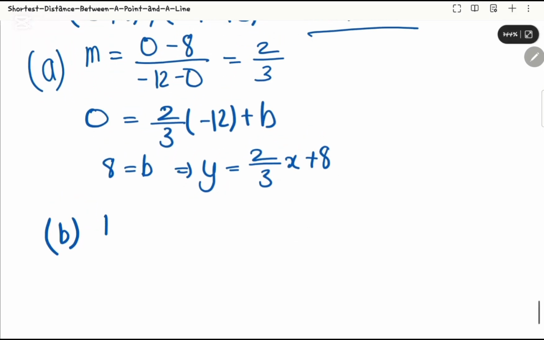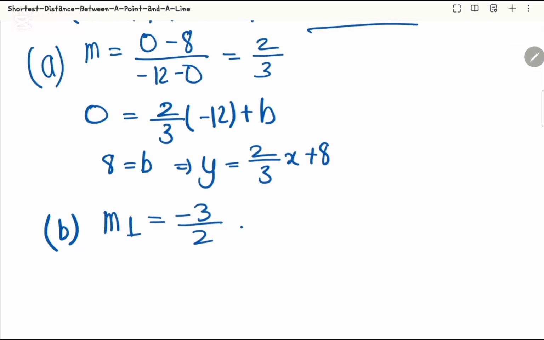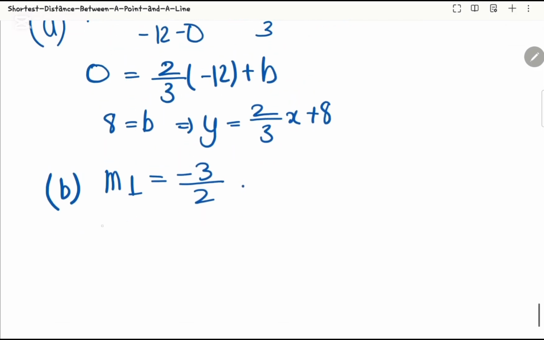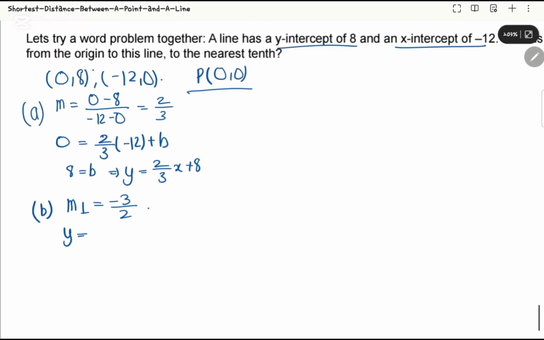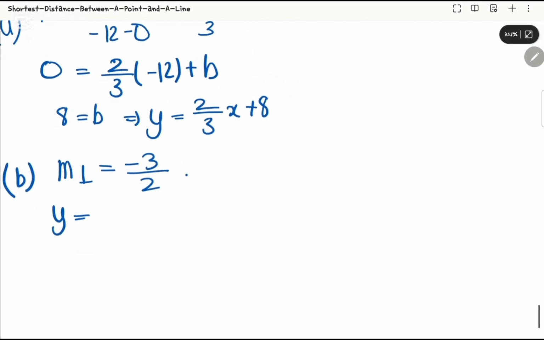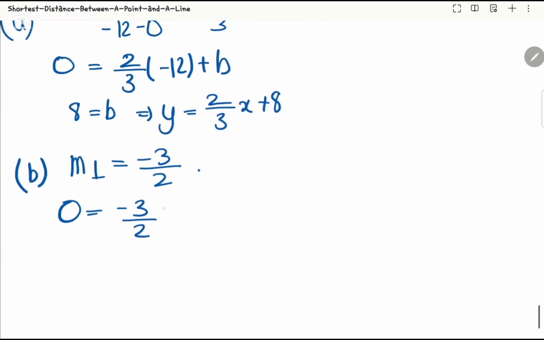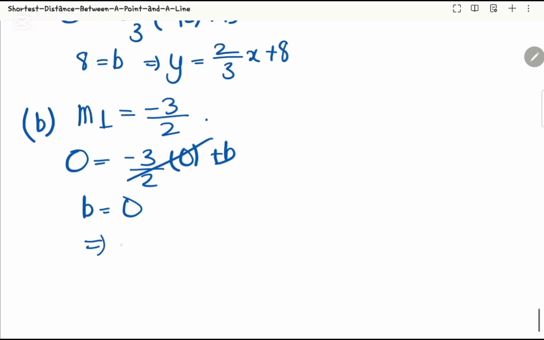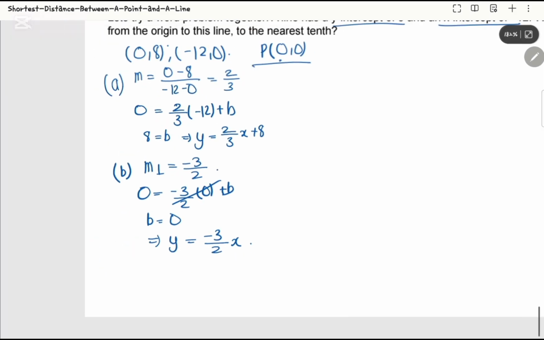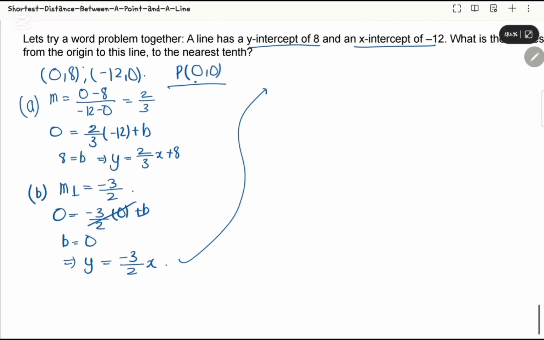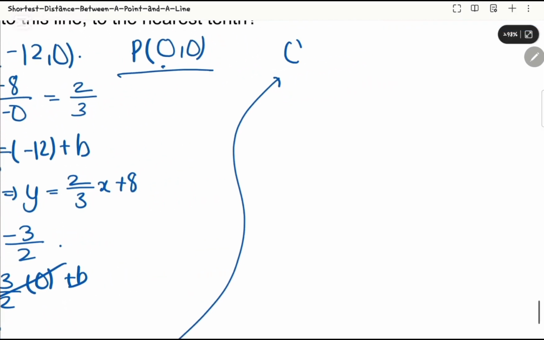Alright, so let's find the perpendicular slope. Negative 3 over 2. And then you're going to plug your point P into y equals mx plus b. Your y is going to be 0. These are your 2 lines. Now you need to find the point of intersection. Again, set them equal to each other.